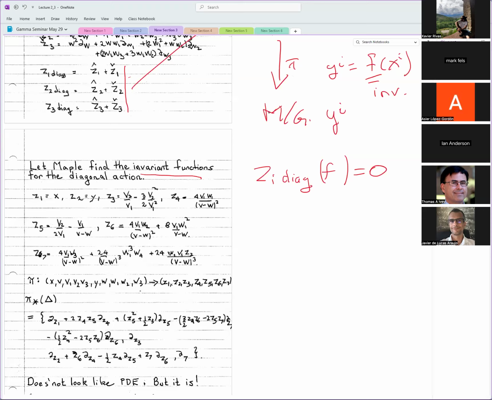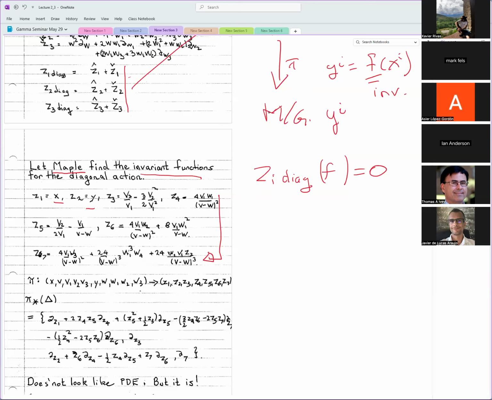At first I was kind of lazy, so I just plugged it into Maple and let Maple find the invariant functions. X and Y, no problem. They're invariant. 1, 2, 3, 4, 5, 6, 7. So I just took out what Maple gave me. Those are the 7 invariant functions.